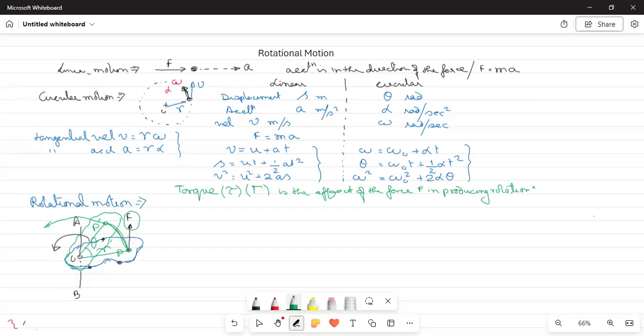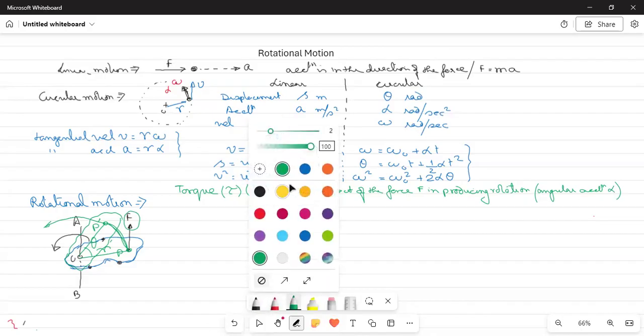In mathematical terms, it is the angular acceleration. The measurement of torque is done this way.